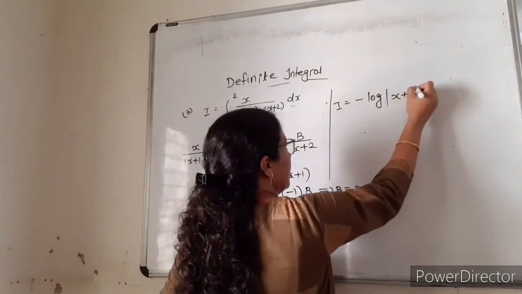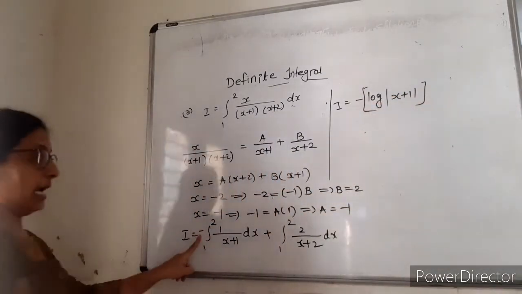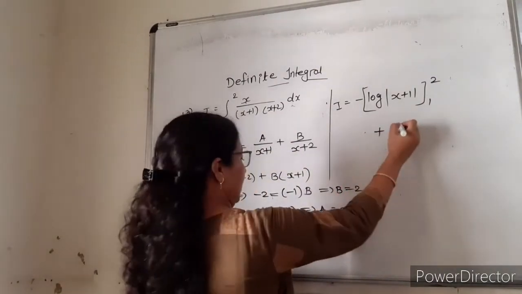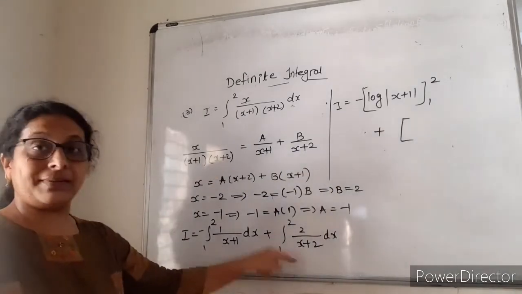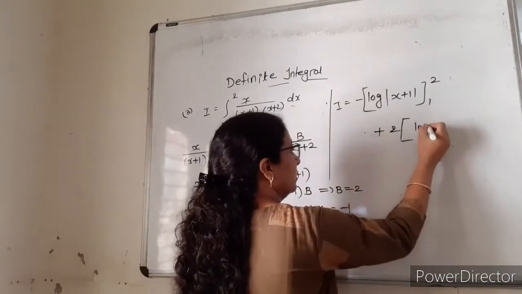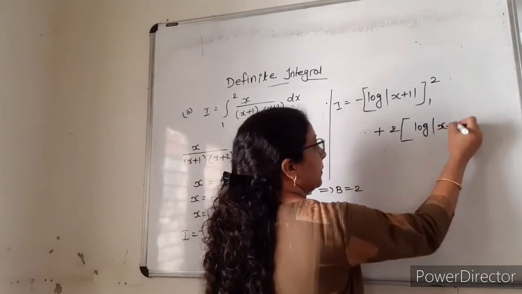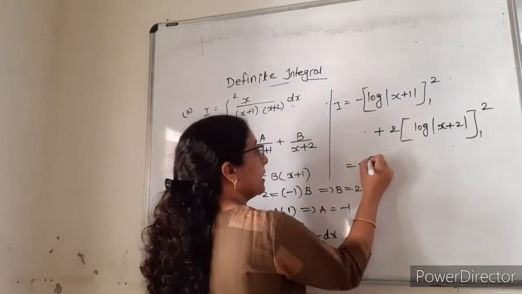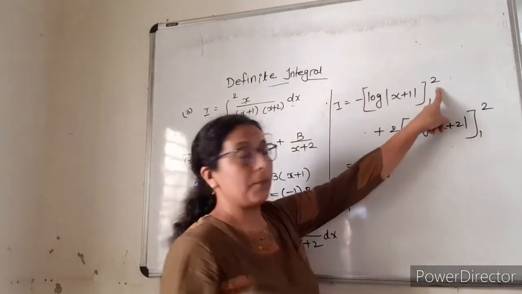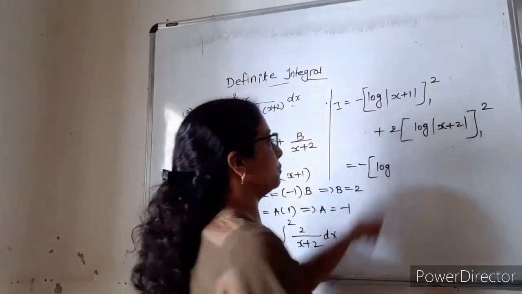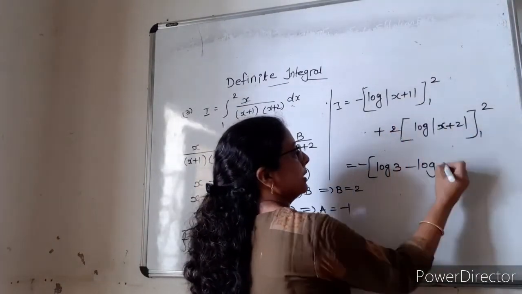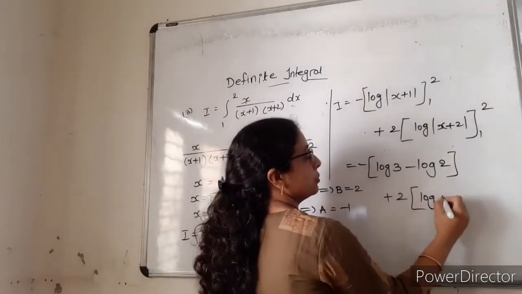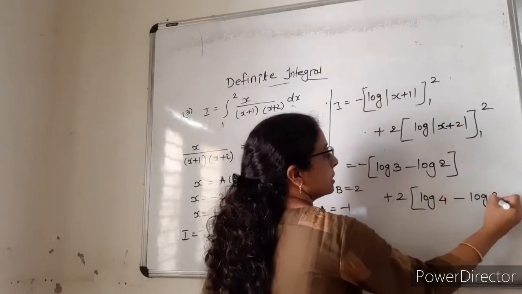So minus log mod x plus 1, the limit is 1 to 2, plus here it is 2 upon x plus 2, 2 outside, log x plus 2 and the limit 1 to 2 is equal to, now here minus log, first you apply this limit 2, that is 2 plus 1, log 3, minus 1 plus 1, log 2, plus 2 log of 2 plus 2, 4, minus log of 1 plus 2, 3.